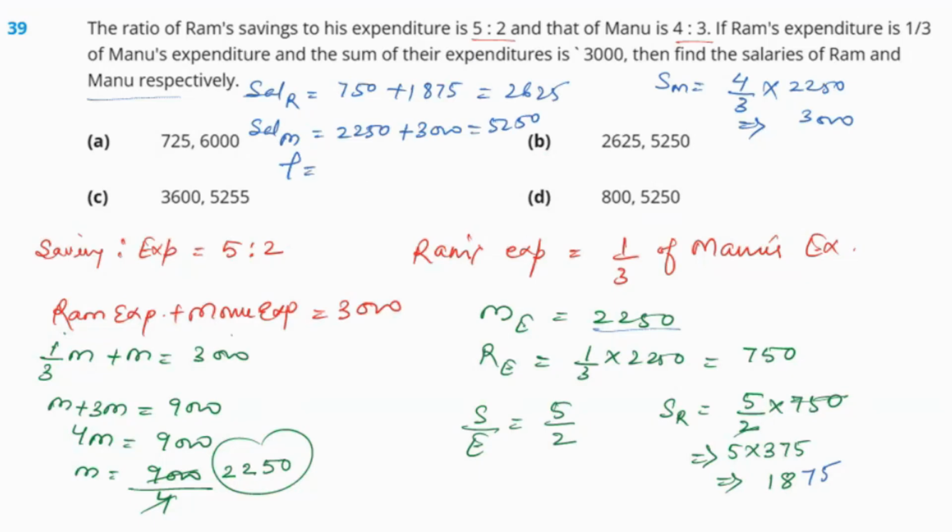So the salaries of both of them are 2625 and 5250, option B.